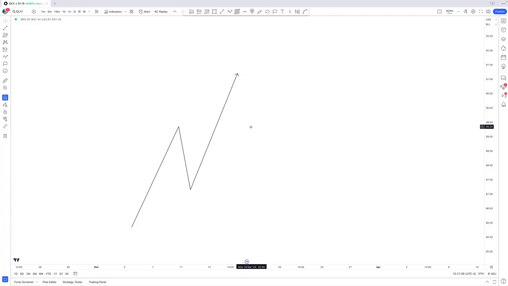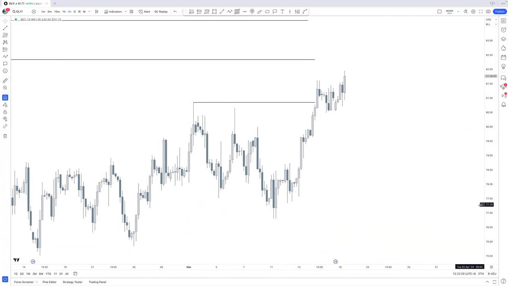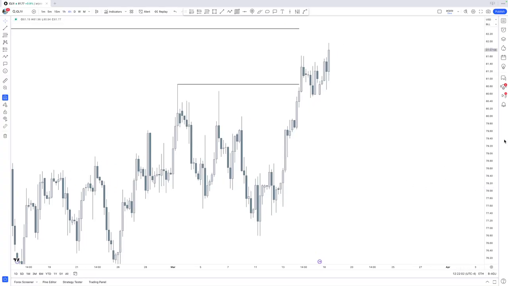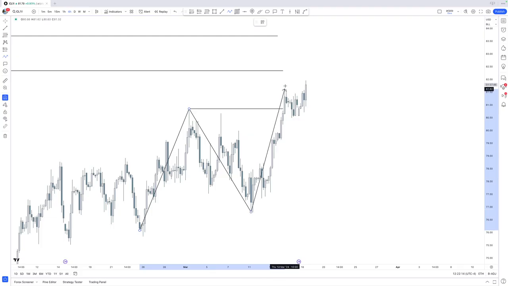So what does this actually look like in the chart? Well, if we take a look at crude oil right here, then we see the following. We have a move higher like this, movement higher like that. We have a move lower, so sell side. We have buy side, we offer sell side, then we offer buy side again right there.